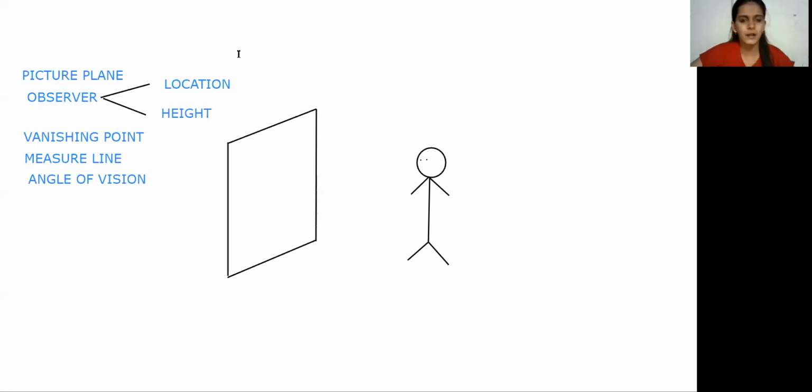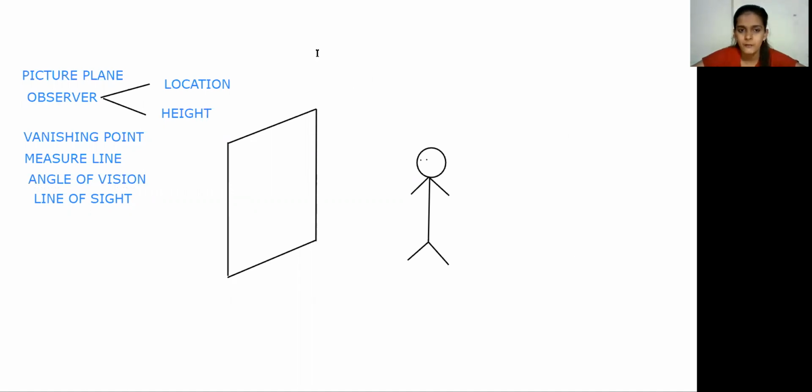Let's consider another definition, that is line of sight. What is line of sight? If we are talking about the perspective view, the perspective view will appear on a picture plane, so we are going to look at the picture plane only, right?